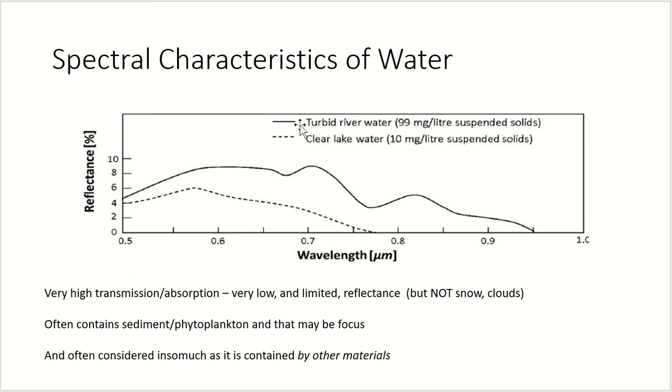Now you can see here by the use of turbid water as a category of interest, water is kind of interesting in remote sensing because when it's studied, often it's the sediment in the water, it's the phytoplankton maybe in the water that may be the focus of the study.